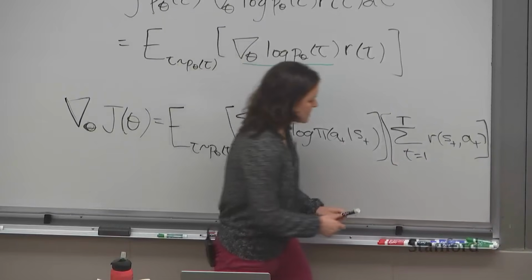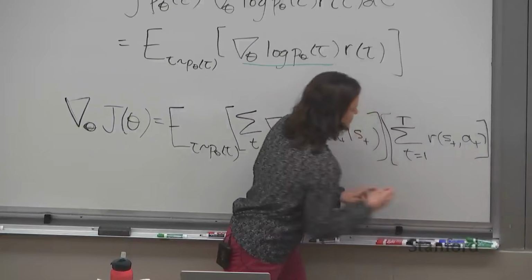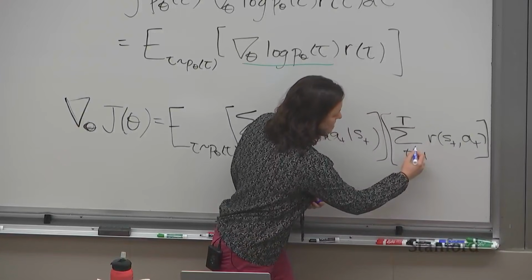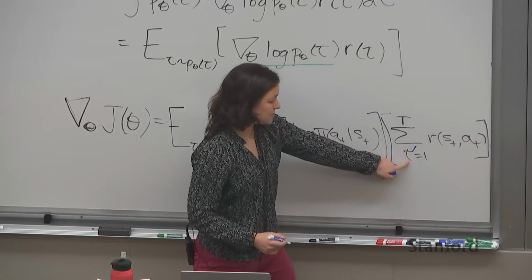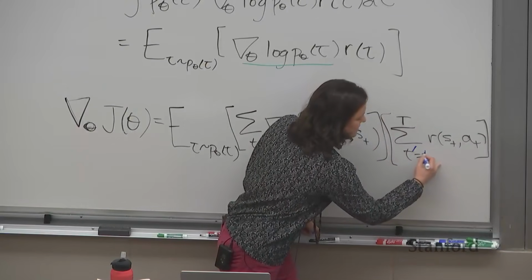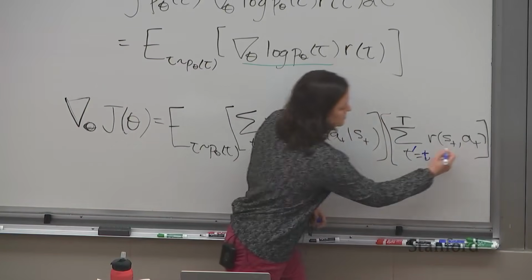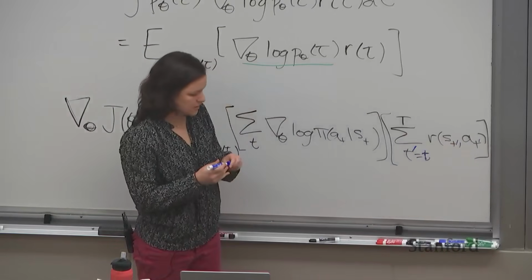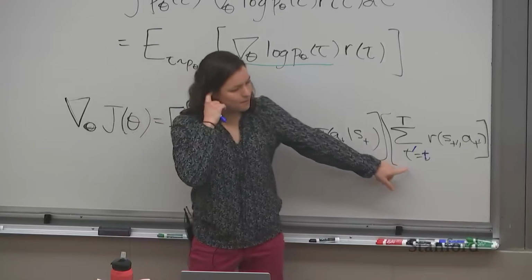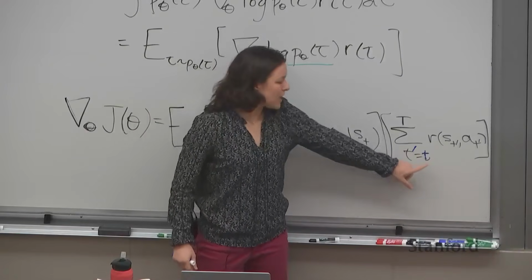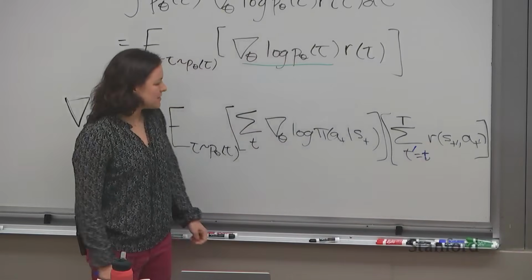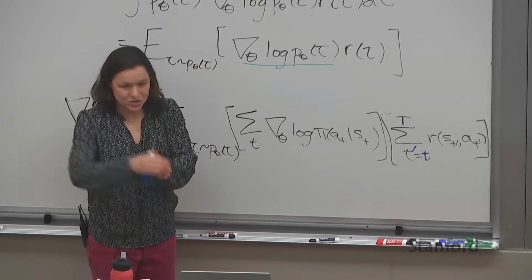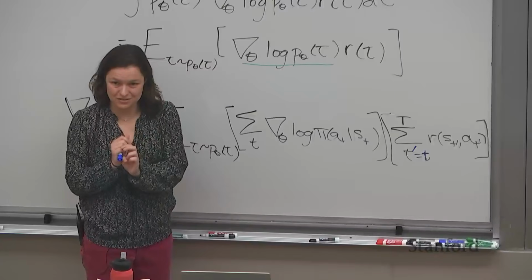So let's use a different letter: we'll have t prime starting at t and going to capital T, and now this is the reward of s_t' a_t'. By only looking at future rewards, we're incorporating the fact that current actions can only affect the future and not the past.